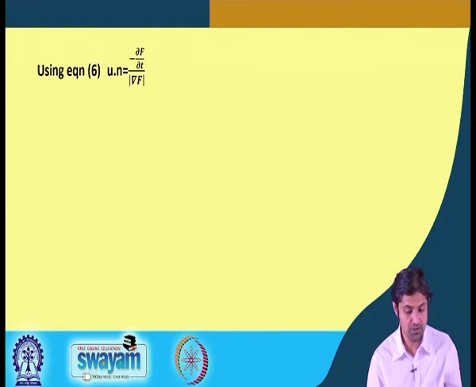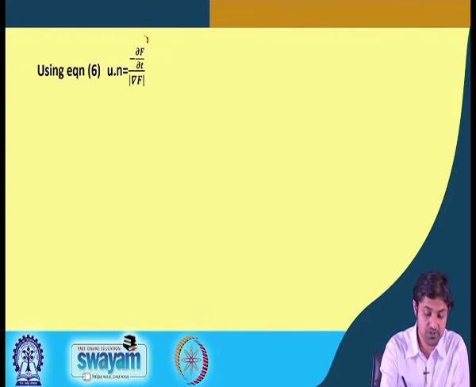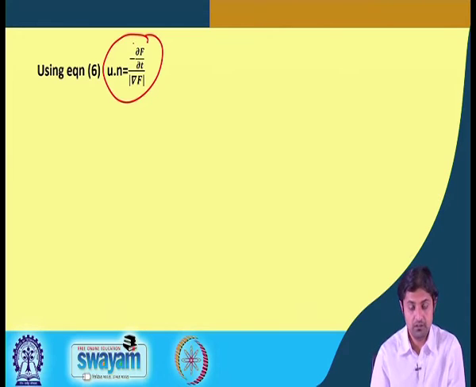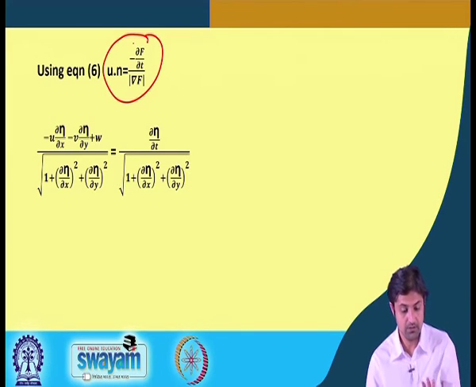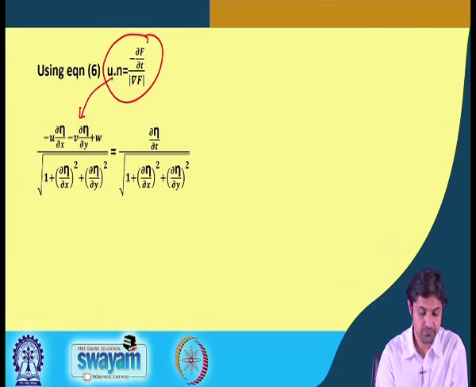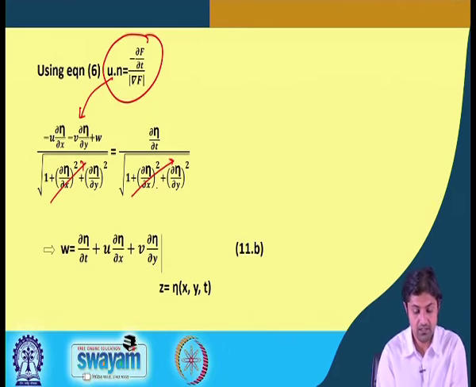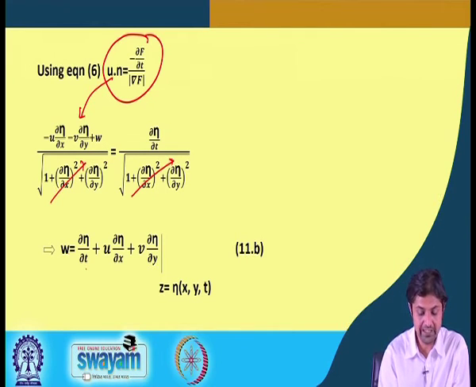Now, if we use equation 6, this is u dot n, and if we do del f del t, it will be del eta del t divided by modulus of delta f. This and this will get cancelled out. So, we will get w is equal to del eta del t plus u del eta del x plus v del eta del y at z is equal to eta of x y t, that is at the free surface.